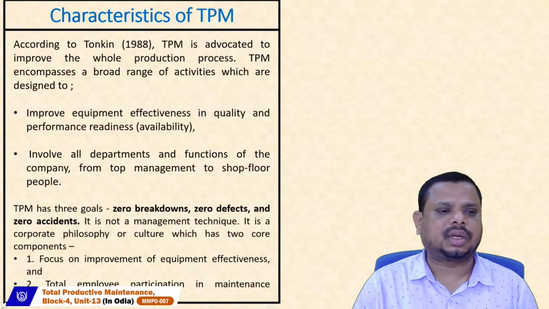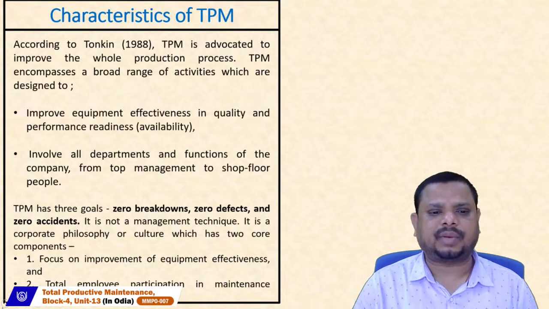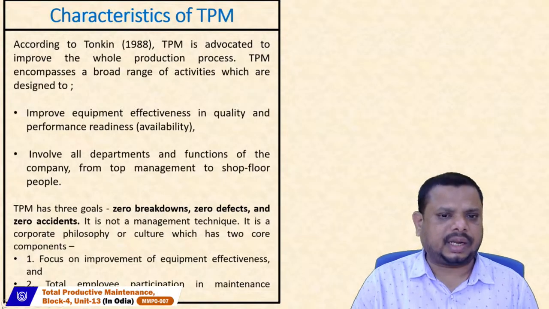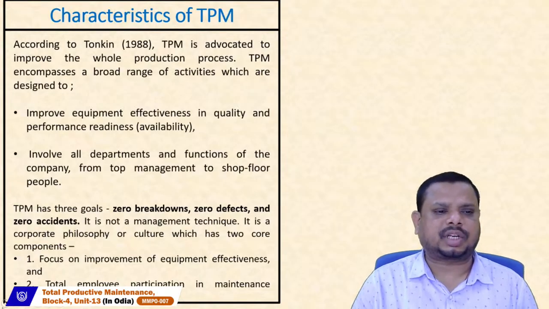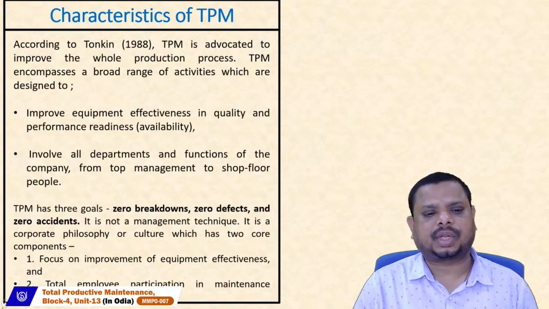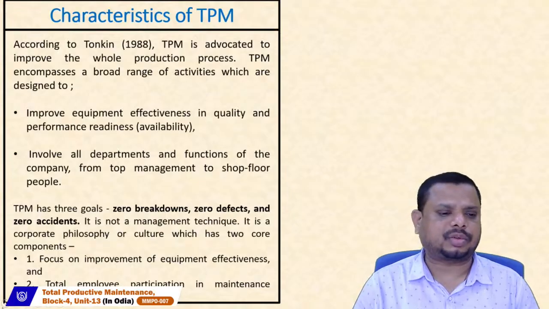The first point is to improve equipment effectiveness in qualities, and the second is performance readiness, which means the availability should be there. The second is a broad range of activities specially designed to involve all departments and functions of companies, from the top management to the shop floor people.